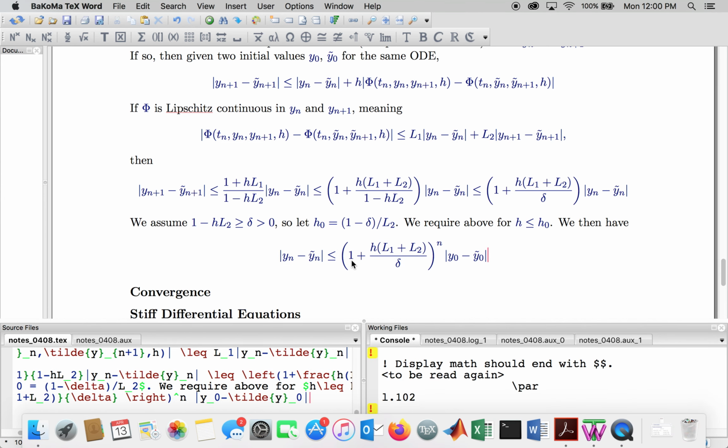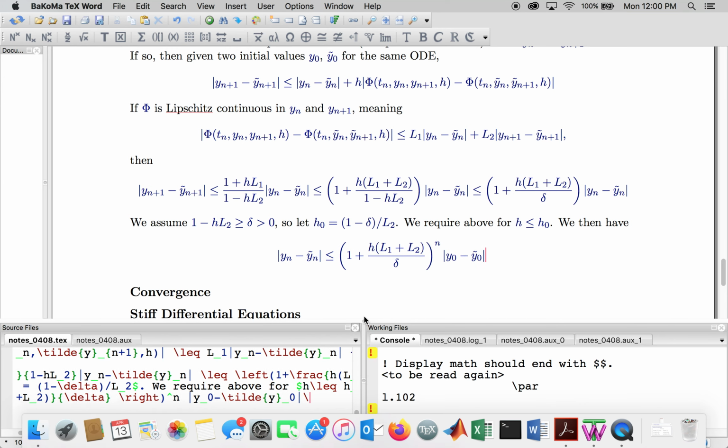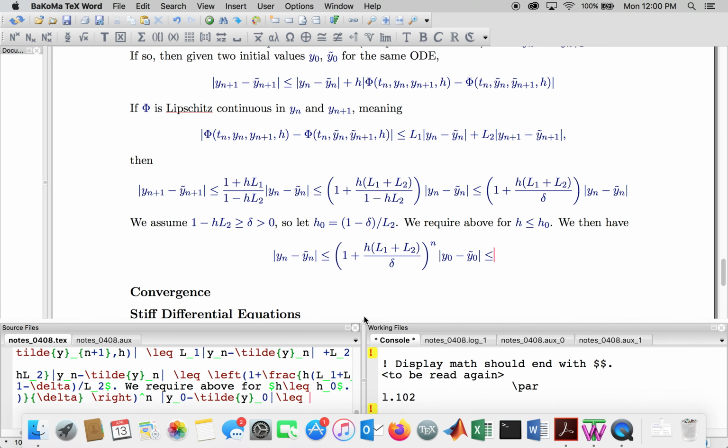Okay. But now what I can do with this is, both these terms are positive. So if these are the first two terms in the Taylor series of the exponential, and because everything's positive, it's a lower bound.